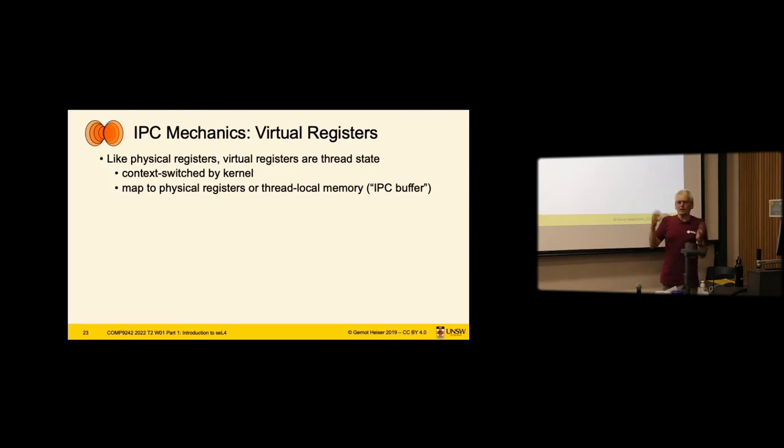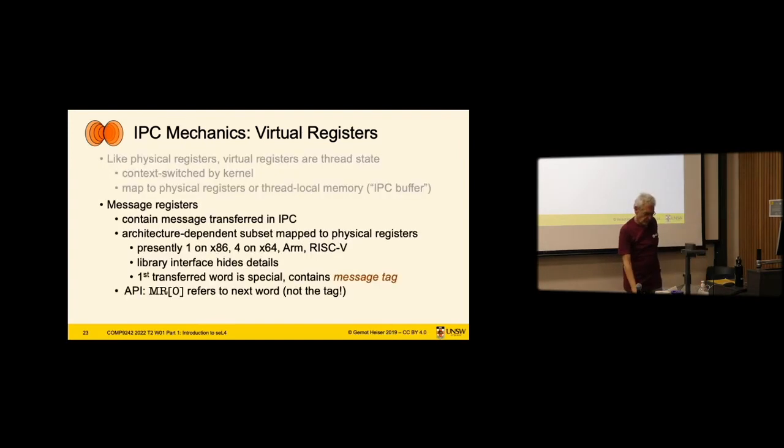So think of, if you call a C function, then typically the compiler will try to pack as many of the arguments in registers as possible, and then there's a calling convention that says whether certain registers are used for argument passing or not, etc. We have the same model here, and they are virtual registers in the sense that they may or may not correspond to physical registers, and typically some do, and others are just mapped into a storage, what's called the IPC buffer.